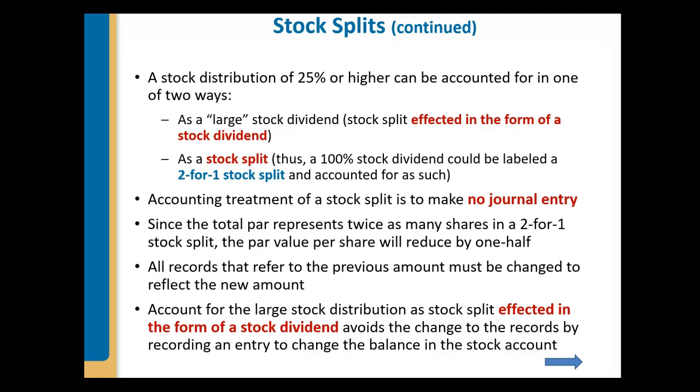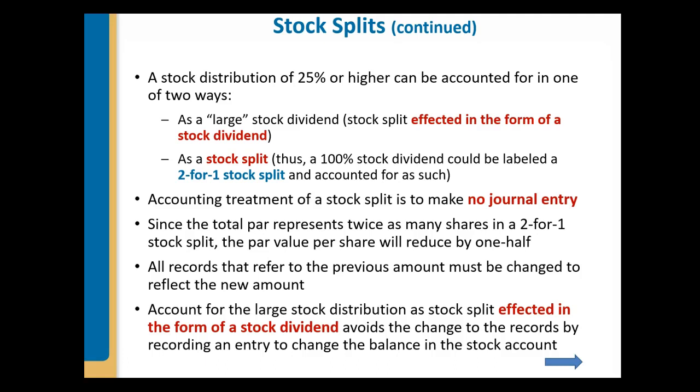As you might expect, having the par value per share change in this way is expensive and cumbersome in paperwork. So all records, printed or electronic, that refer to the previous amount have to be changed to reflect the new amount.